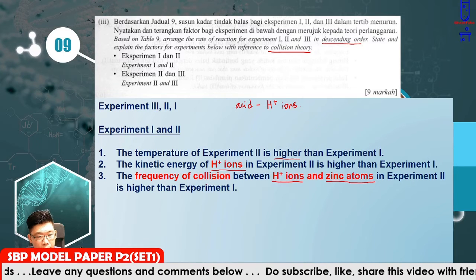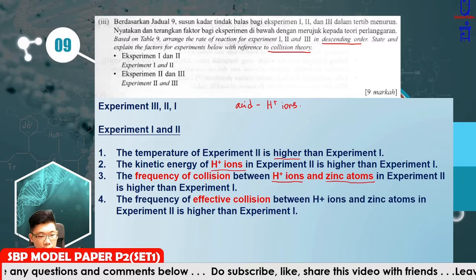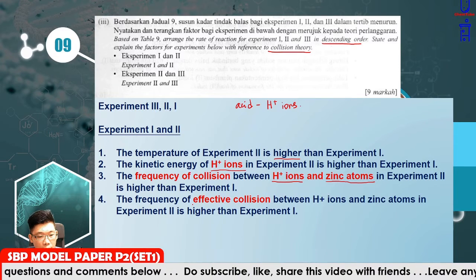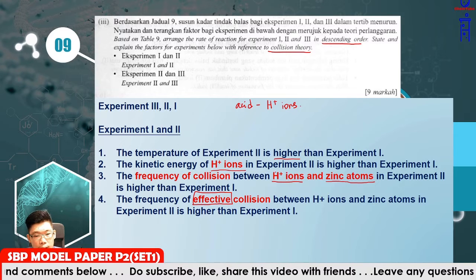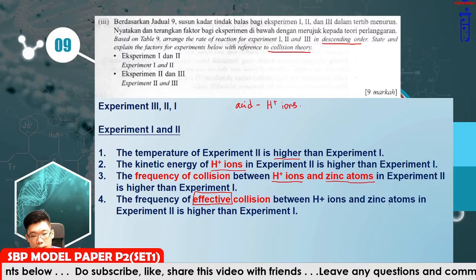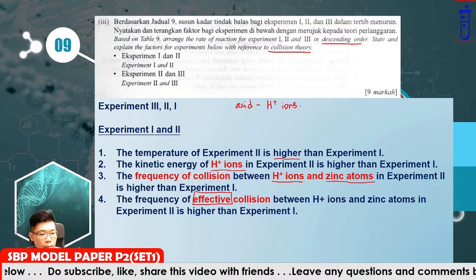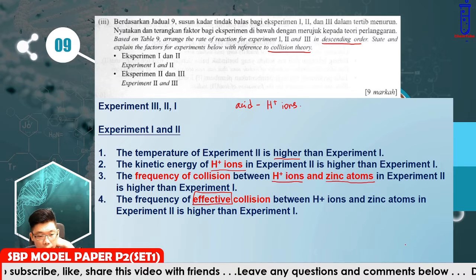Then point number 4, after you mention the frequency of collision, then frequency of effective collisions. Okay, the remaining is the same as point number 3. Between hydrogen ions and zinc atoms in experiment 2 is higher than experiment 1. Okay.